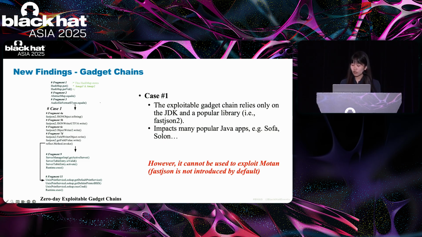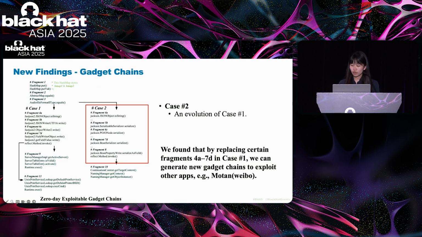However, it cannot exploit Morton, as Morton does not include FastJSON by default. But we found that by replacing fragments 4A to 7D from case 1 with fragments 4A to 8 from case 2, we can generate new gadget chains capable of exploiting Morton. This is possible because case 2 relies on Jackson, a library included by default in Morton.